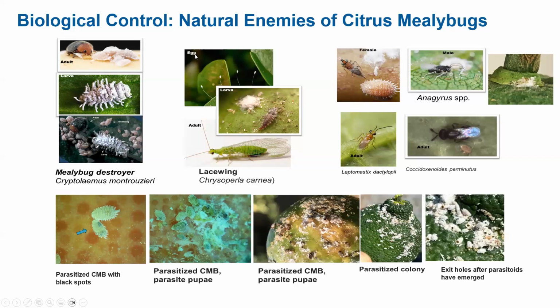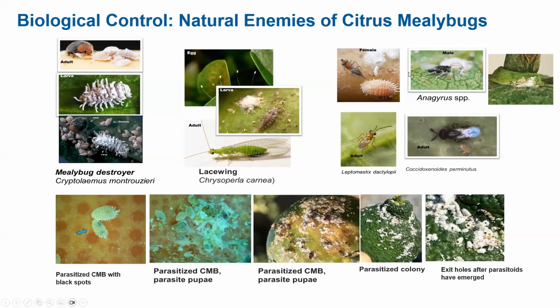The other predator that we see very commonly in citrus fields, and this photo in the middle is actually from a field, is Chrysoperla larvae feeding on citrus mealybug.